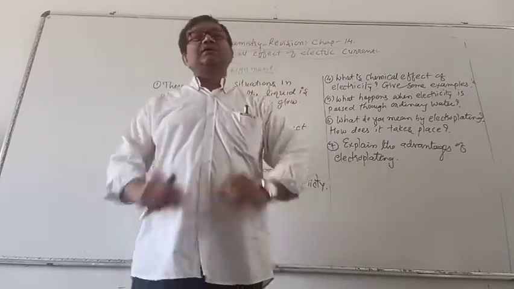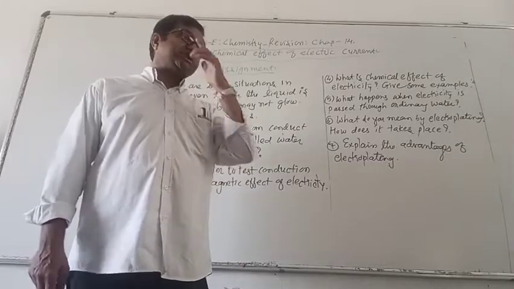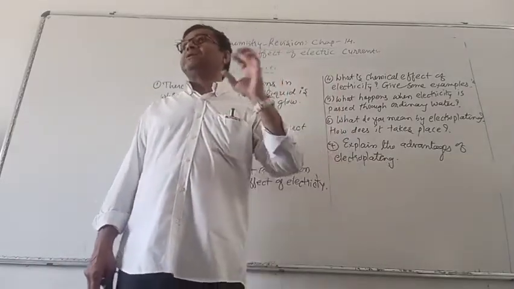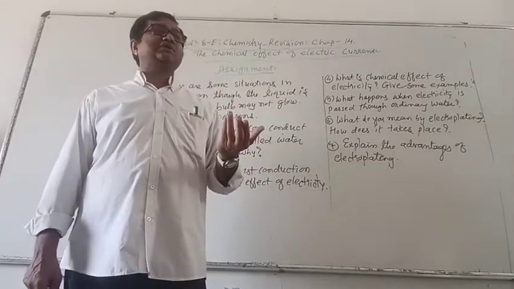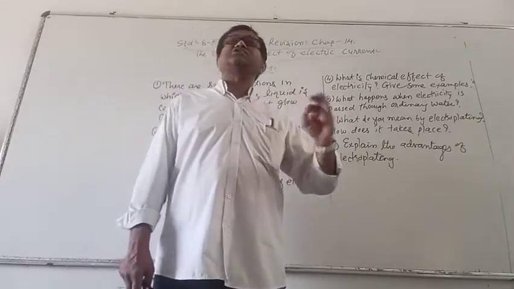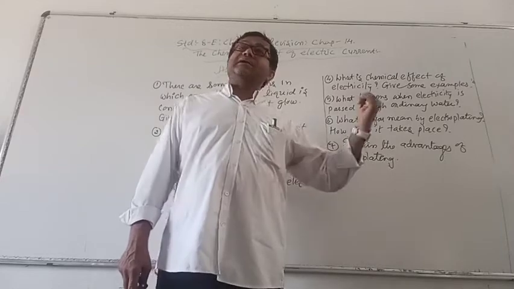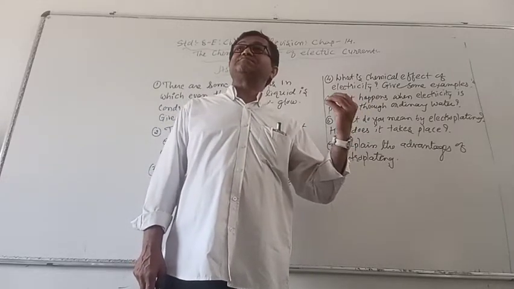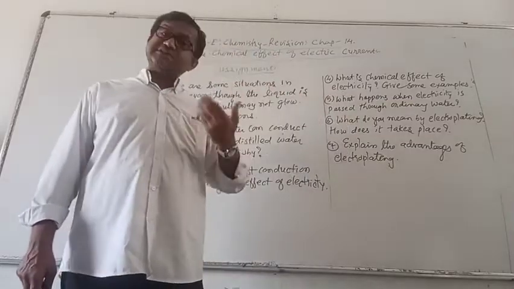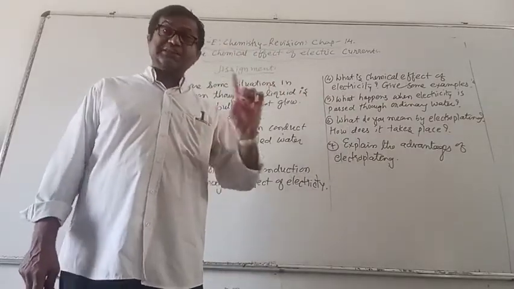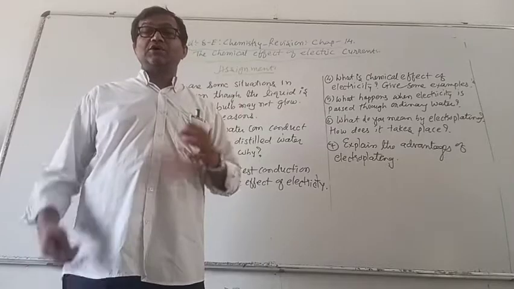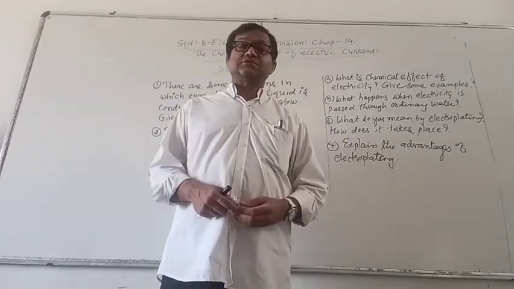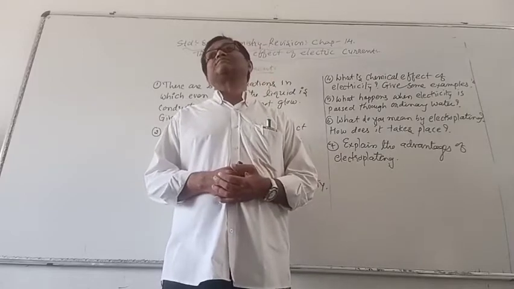If the liquid is conducting, the bulb will glow, and if the liquid is not conducting, the bulb does not glow. Here we have to give possible reasons why sometimes the liquid is conducting, but still the bulb does not glow.